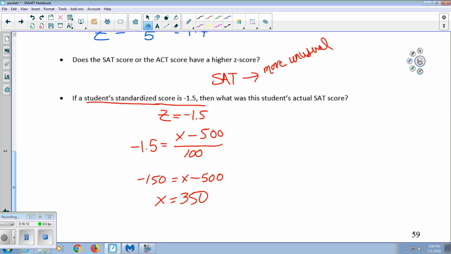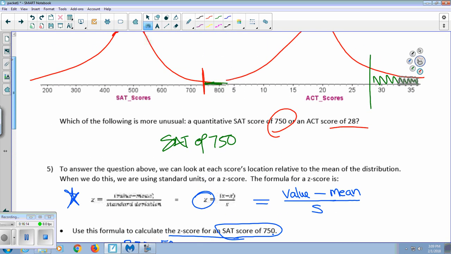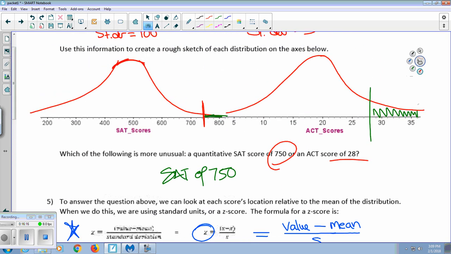So let's just take a quick peek up at the graph I drew. A z-score of negative 1.5 corresponds to an SAT score of 350. So that's less than the mean as we expected.